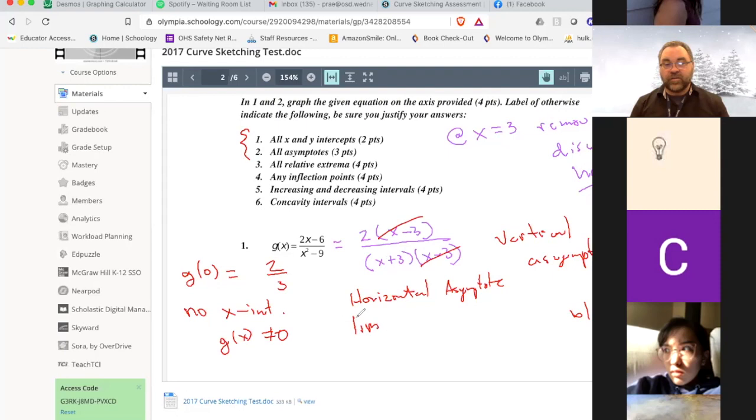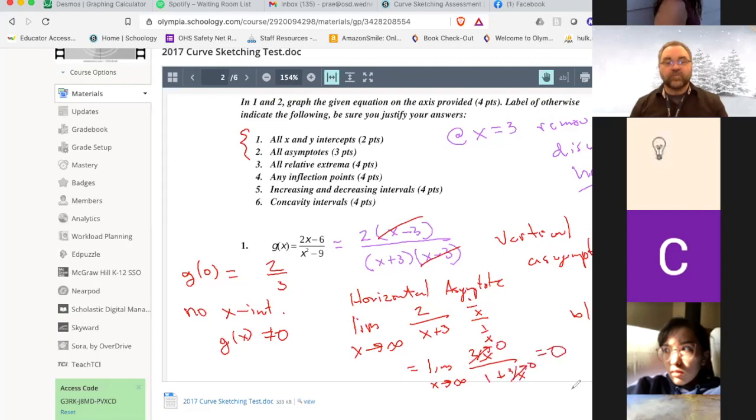So what is the limit as x approaches infinity of 2 over x plus 3? Well, obviously, multiply by 1 over x over 1 over x, and you get the limit as x approaches infinity of 2 over x over 1 plus 3 over x. And these ones, 2 over x and 3 over x, these go to 0.